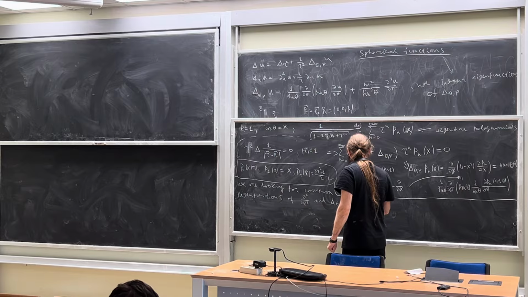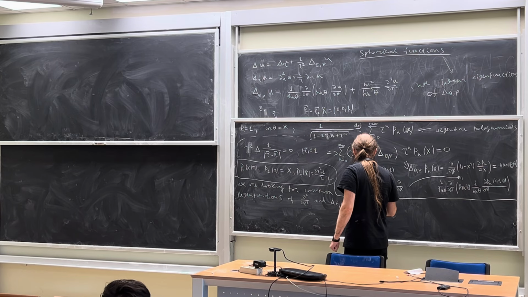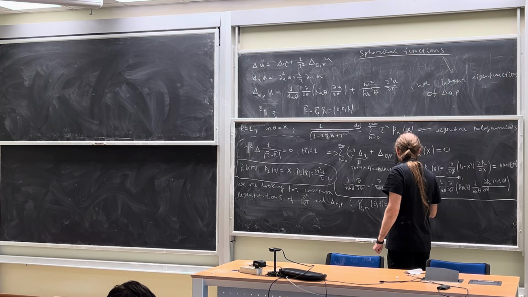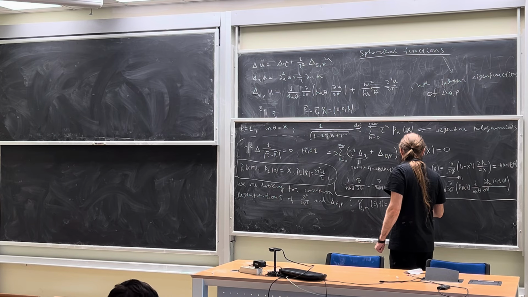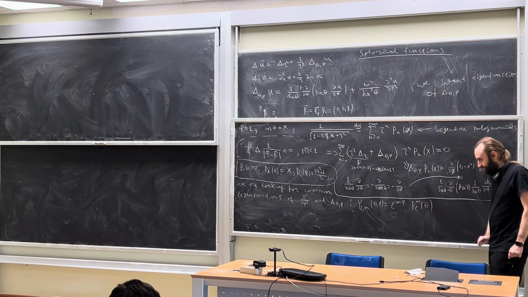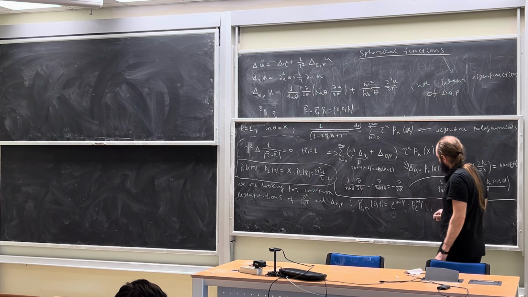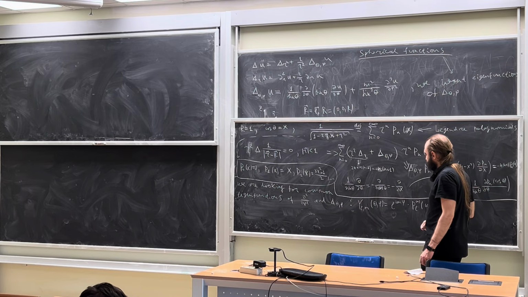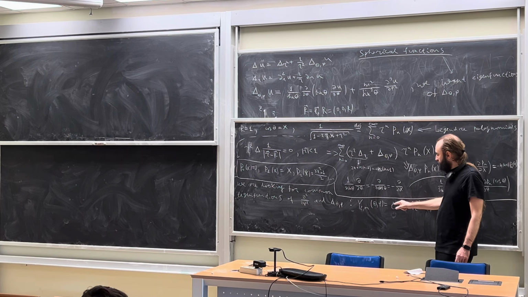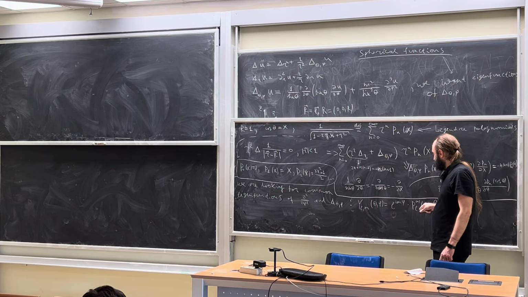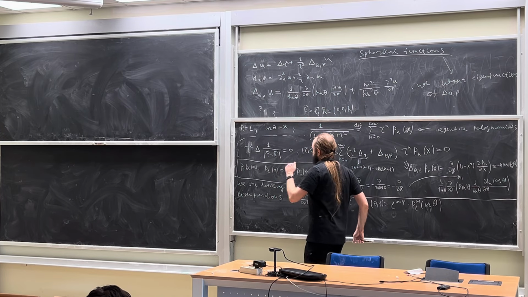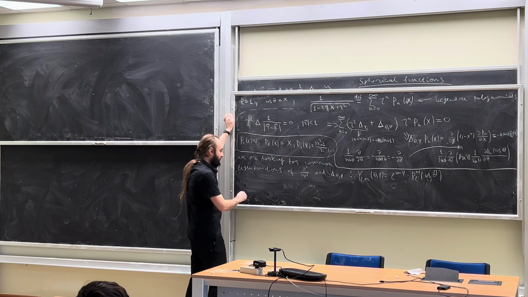So let us call them Y_l^m of theta and phi, equal to e to the i m phi times P_l^m of theta, or maybe we can write of cosine theta. So far we managed to solve this problem for m equal to 0. And the question is what to do for general m.